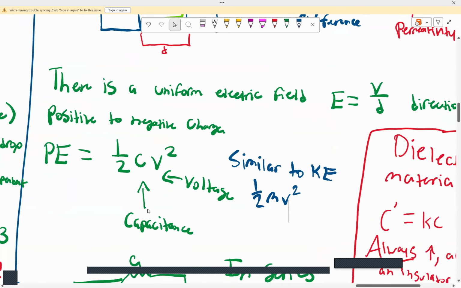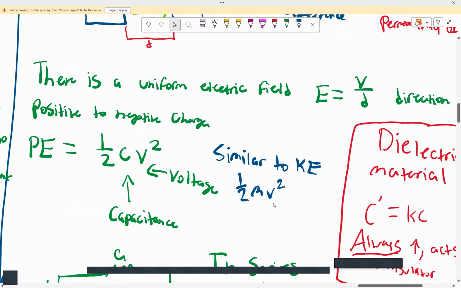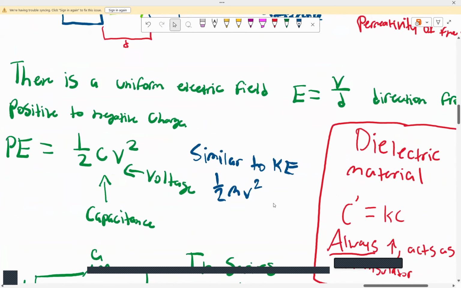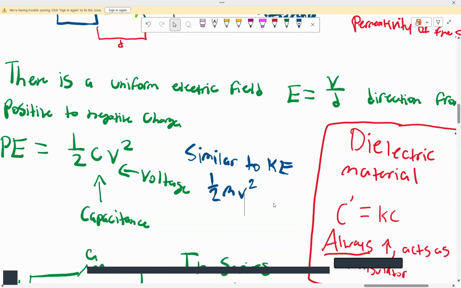Very similar, but instead of mass you have capacitance, and instead of velocity it's voltage, both of which are V's, which can be kind of confusing. So when in doubt, if you don't really know an equation and you're talking about potential energy, chances are it's going to be either the equation for kinetic energy or gravitational potential energy.